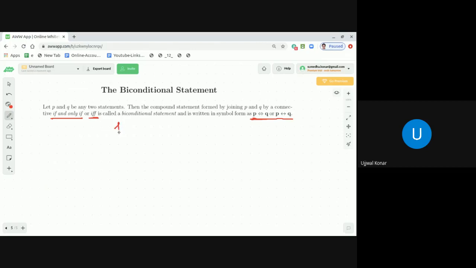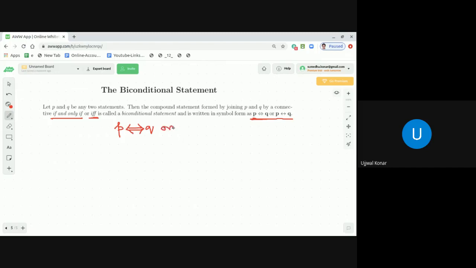That means P is implying Q, and Q is implying P. In other words, P is implying and implied by Q.